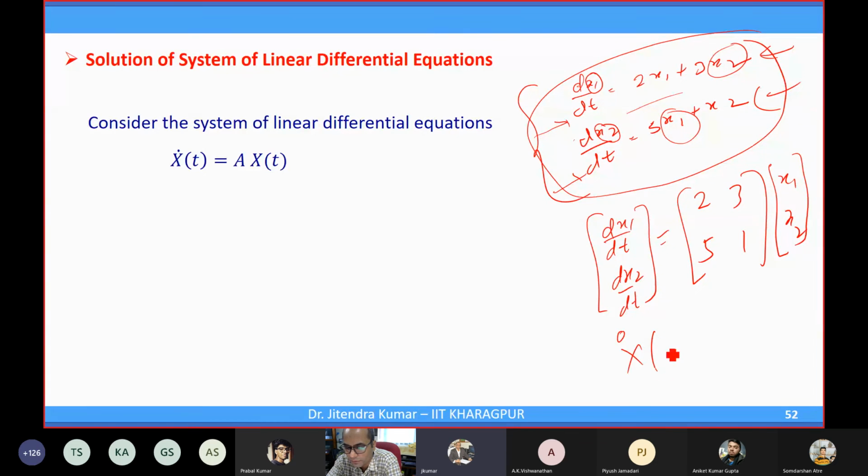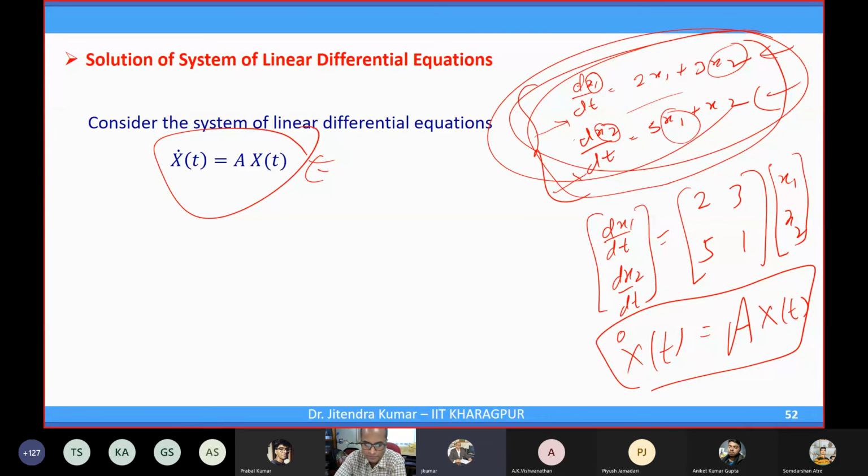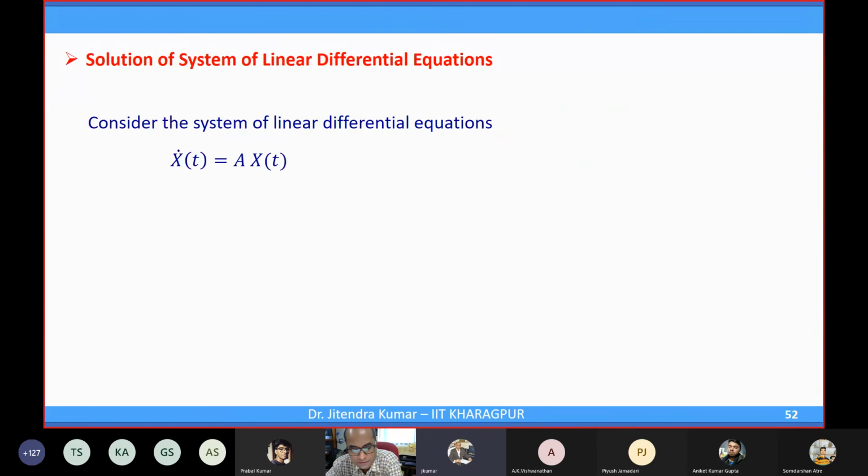This is what we are calling x dot t, this we are calling A, and this we are calling x t. Is the representation clear? Good. So we have this system of linear equations written as x dot is equal to Ax. This is eventually what I explained before, nothing else, just a way of representing it.